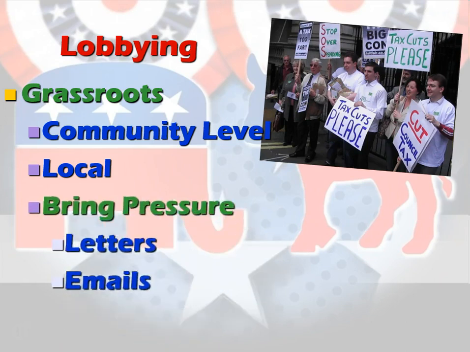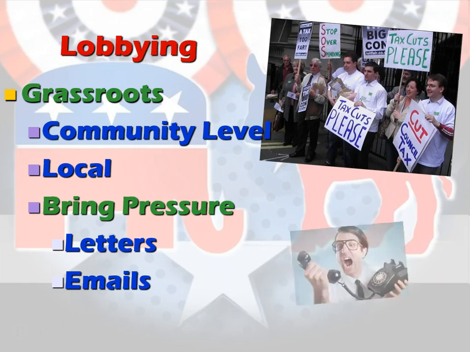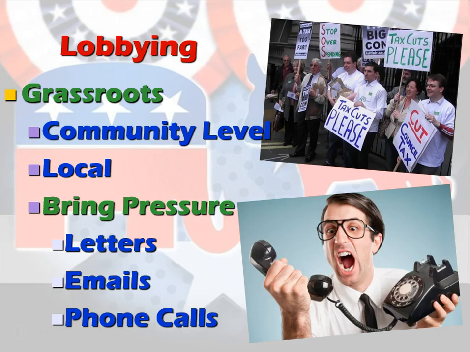So if you write a letter to Congress, or you send an email to Congress, or if you write a newspaper editorial article, if you write in when you, as a private citizen, try to influence politics, that's part of lobbying. If you're doing it on behalf of an interest group, you, in essence, are lobbying. If you call your member of Congress and say, hey, I want you to vote yes on Bill XYZ, you are playing the role of a lobbyist.